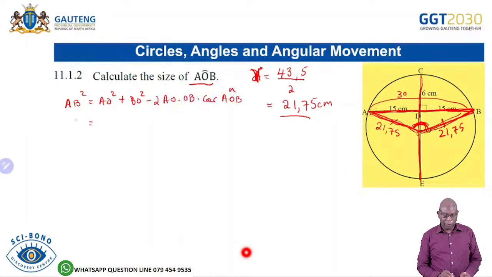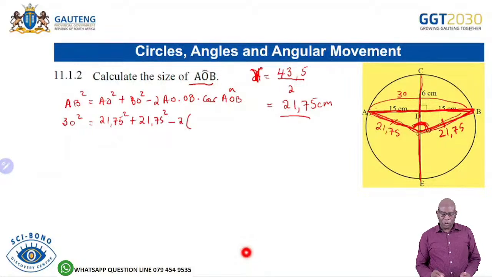So I'm going to have 30 squared equals 21.75 squared plus 21.75 squared minus 2 times, because AB, AO and OB are the same, I can just write 21.75 all squared and the cos of AOB. Okay, now from there what do I need? I need to find the cos of AOB.